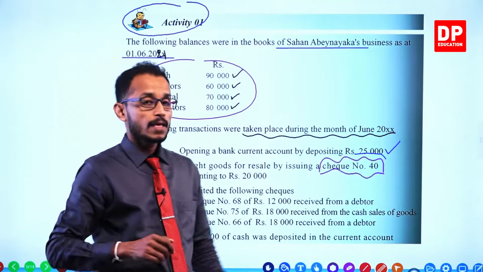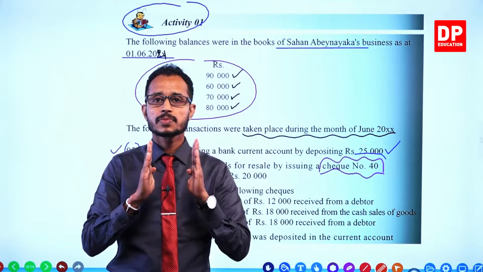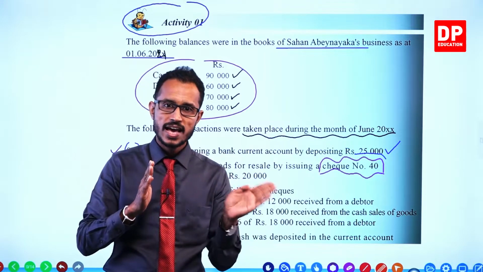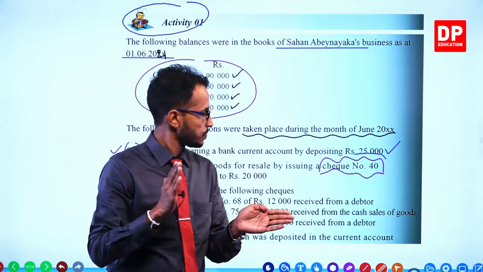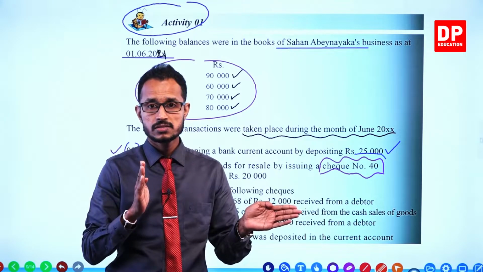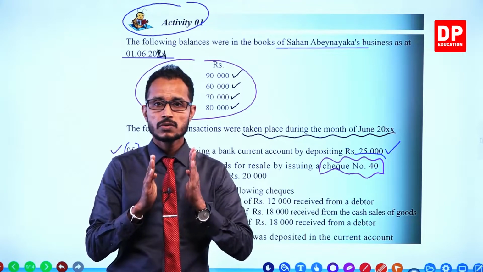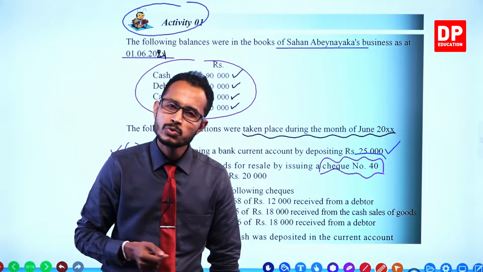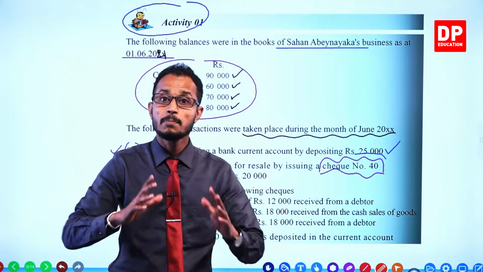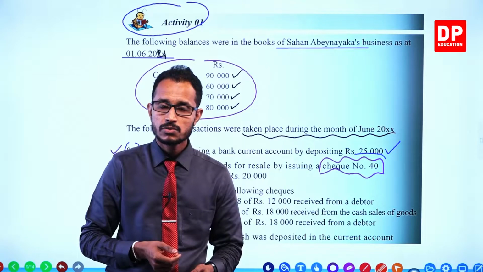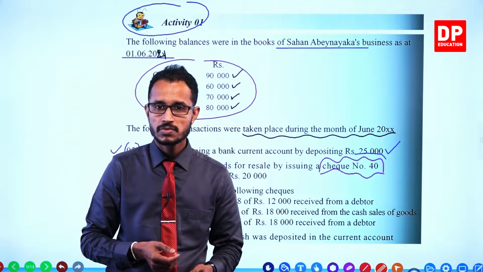Tell me the double entry. Cash at bank decreases. So cash book credit. Well, how do you credit the cash book when the bank decreases?